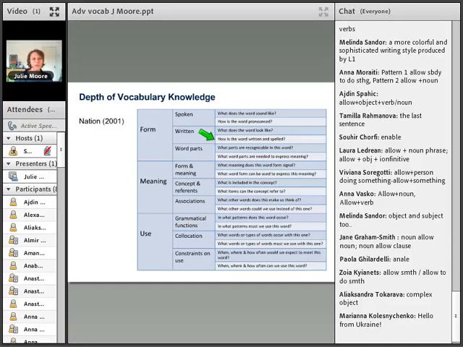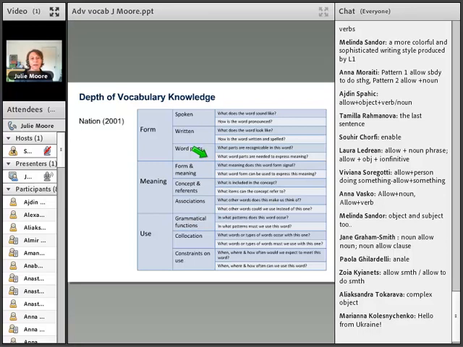If we have a little look at the top here, he's looking at the spoken form. The first one here is to do with reception. So what does the word sound like? In order to understand a word, you have to recognize it when you hear it. And then from the perspective of production, how is the word pronounced? If I want to use this word, how do I say it?